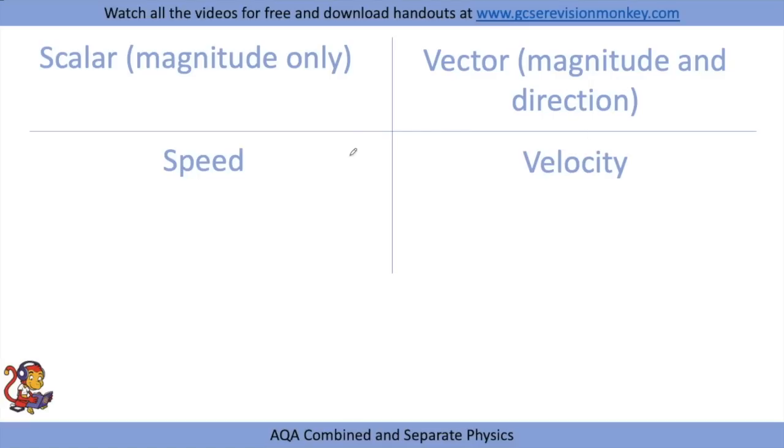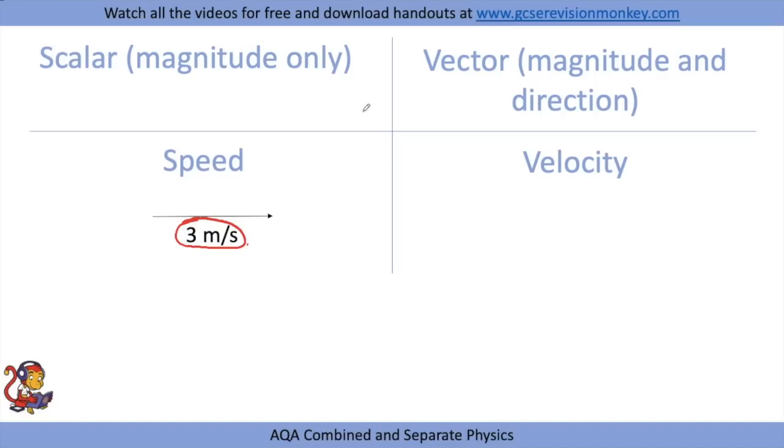So for example, with speed, if an object was moving to the right at 3 meters per second, we would just class the speed of the object as 3 meters per second. However, with velocity, we need to indicate the direction that the object is moving in.